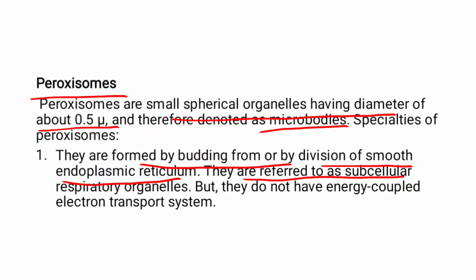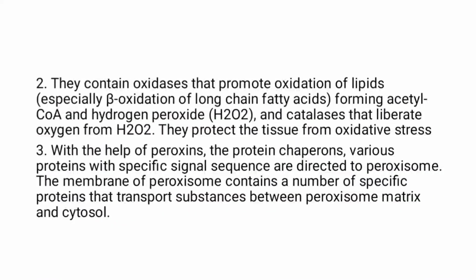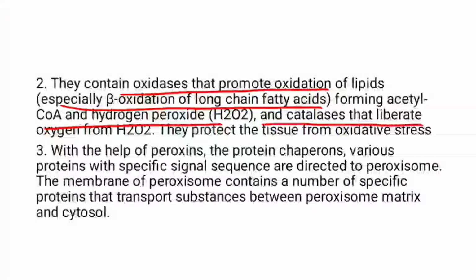They are referred to as subcellular respiratory organelles, but they do not have an energy coupled electron transport system. They contain oxidases that promote oxidation of lipids, especially beta oxidation of long chain fatty acids, forming acetyl CoA and hydrogen peroxide, and catalases that liberate oxygen from hydrogen peroxide. They protect the tissue from oxidative stress.